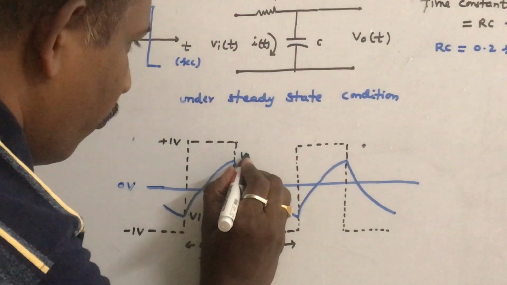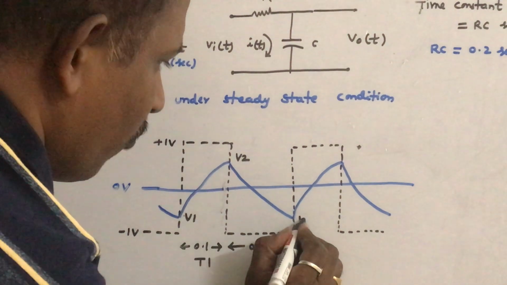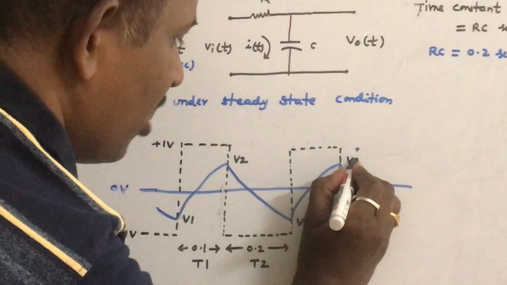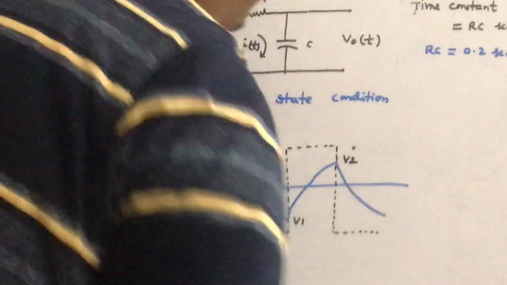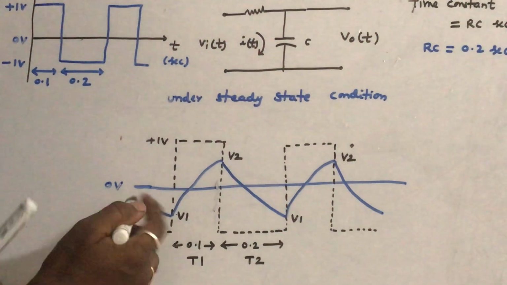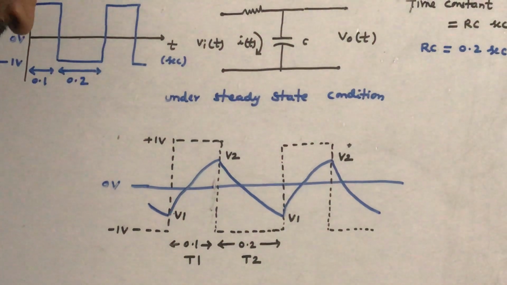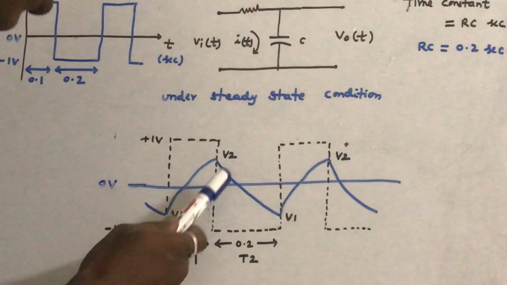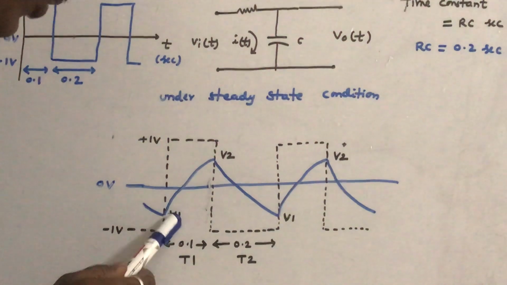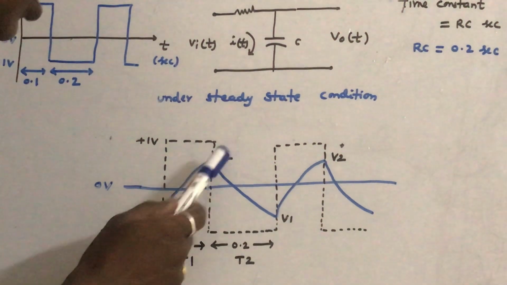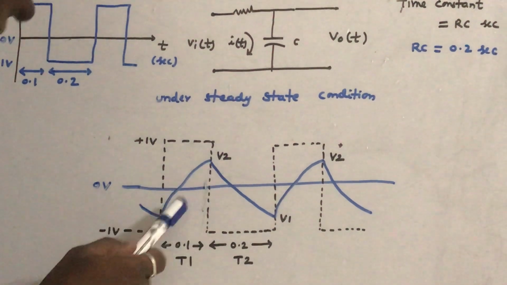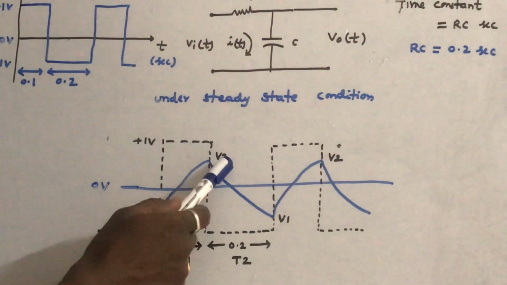It starts at V1, charges to V2, again discharges to V1, again charges to V2, like that. The same waveform repeats for every cycle. So what we want to find out here are V2 and V1, which are called the steady state values. This is what the problem has asked us to find.